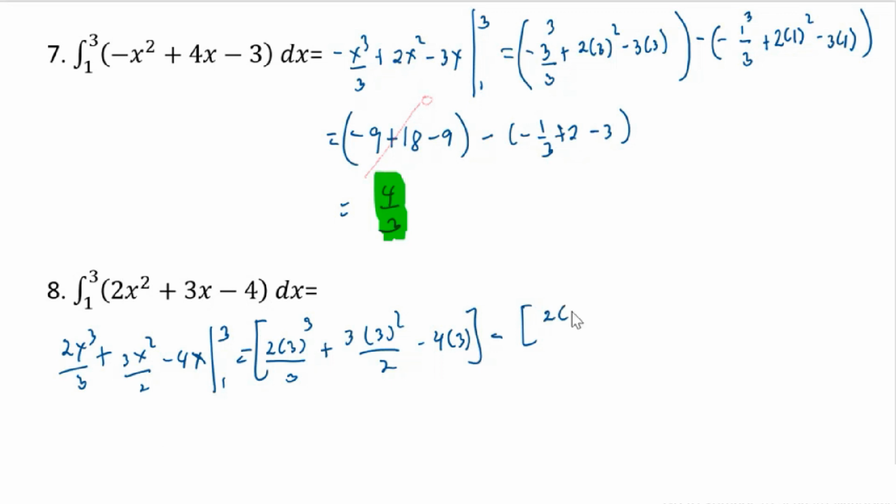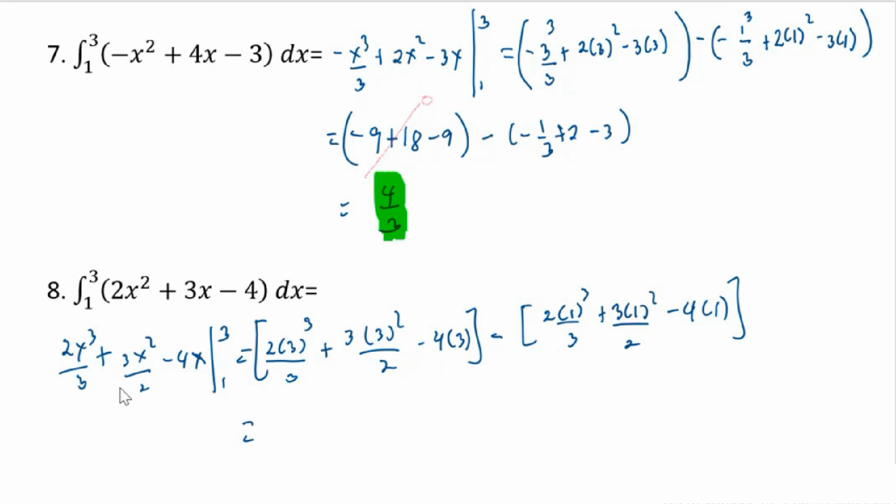So 2 times 1 cubed over 3 plus 3 times 1 squared over 2 minus 4 times 1, close. All right, so simplify. Let us solve for that.